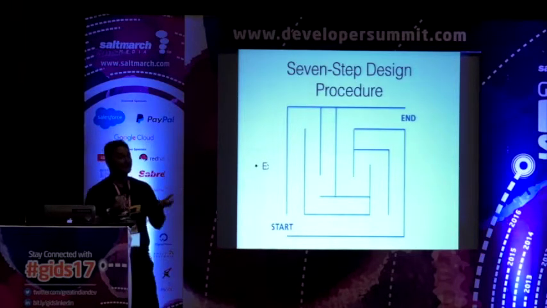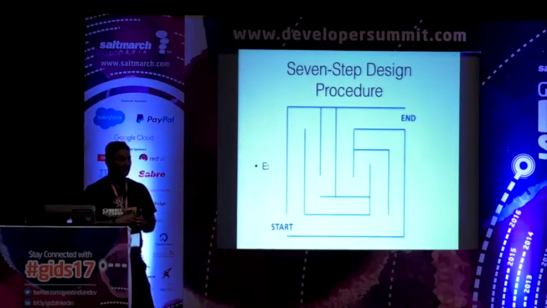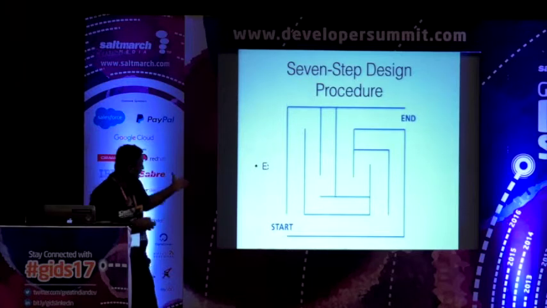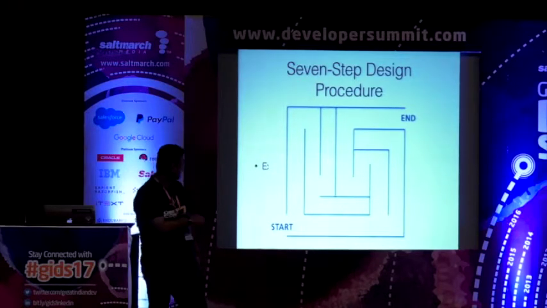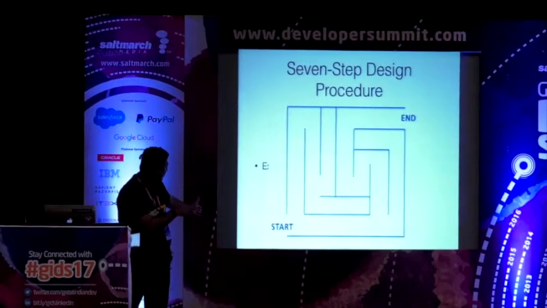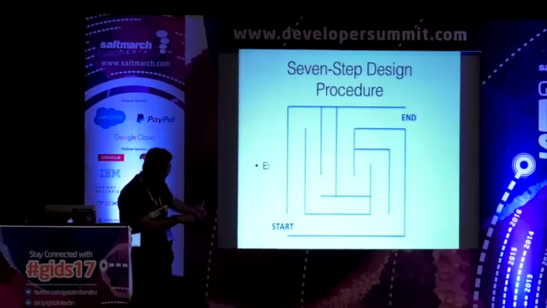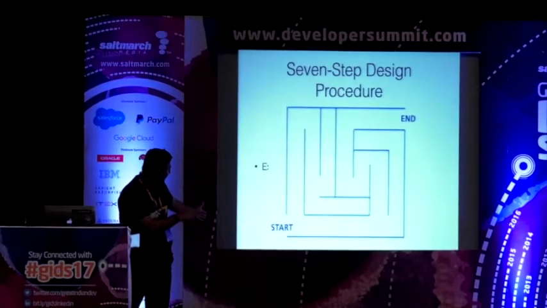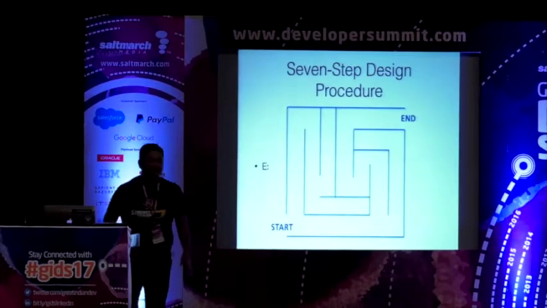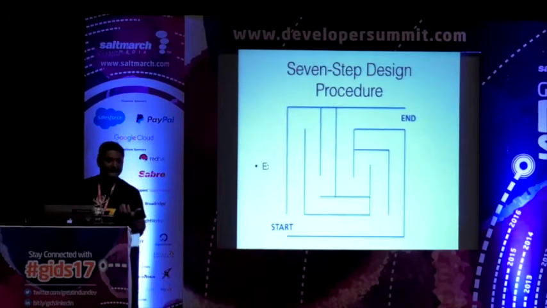There is a 7-step procedure to understand how you need to work on the APIs. This is a maze game. You start from one side, and either you can go up, or you can go straight, and you can take a left turn or a right turn and come to the end. This looks like a simple game, which we are trying to build now.